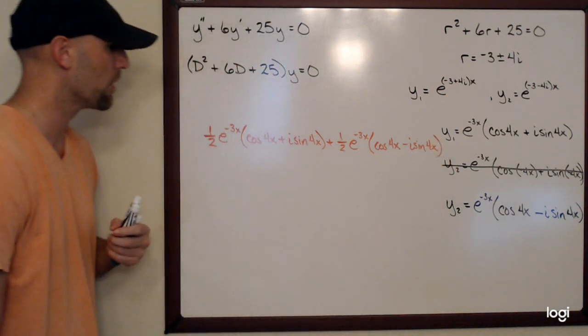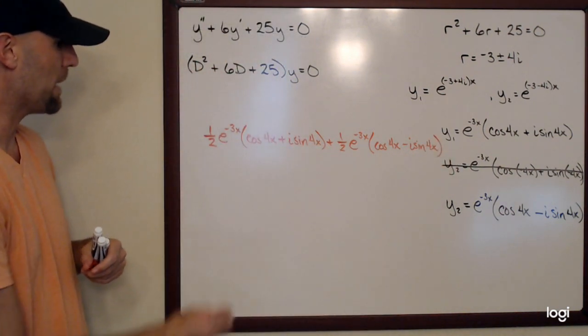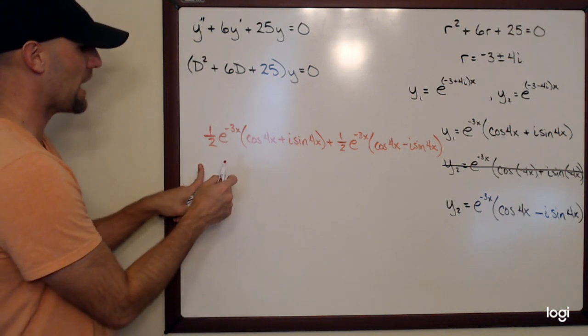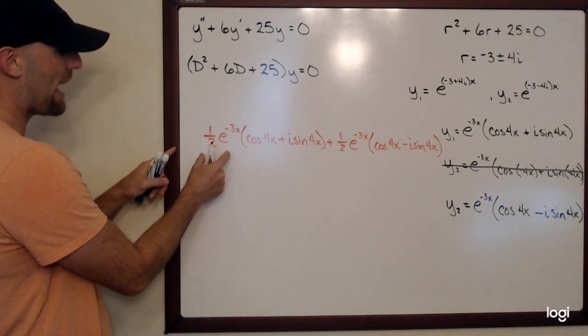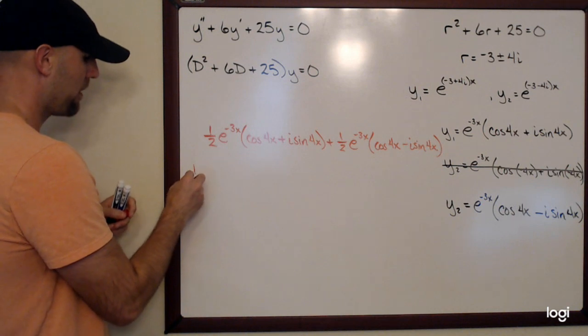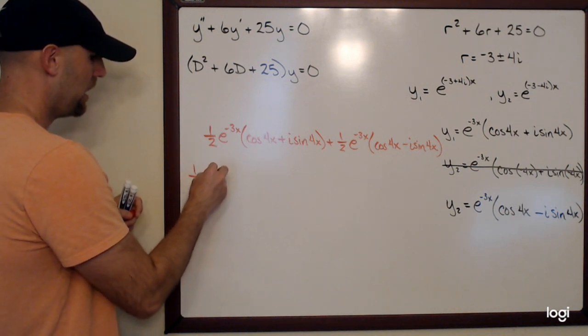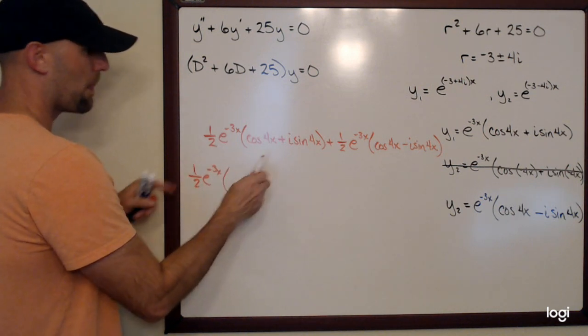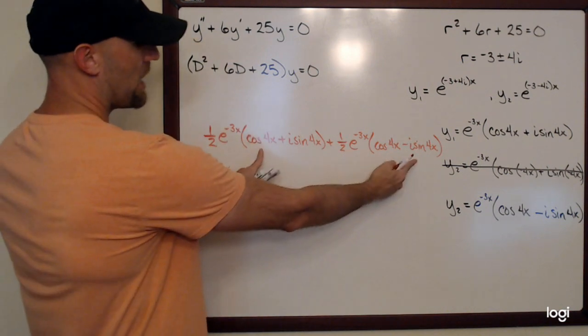Oh, I need a bigger board. Let's see what I get. Well, what we notice is that I can factor out the 1/2 e to the negative 3x, right? And factor that out from each of these. And now I can just add these together.